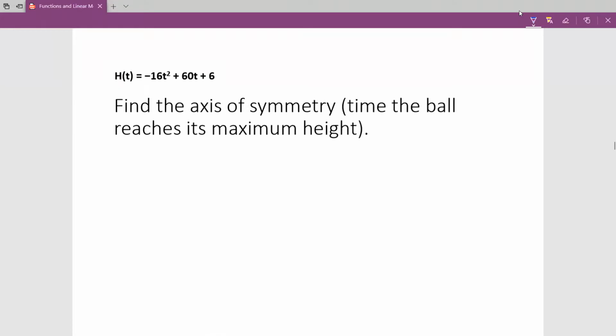Now we want to find the axis of symmetry, which is the time the ball reaches its maximum height. H is equal to minus B over 2A, which is minus 60 over 2 times A, which is minus 16, which is equal to 1.875 seconds.